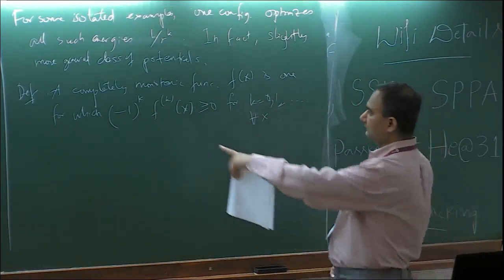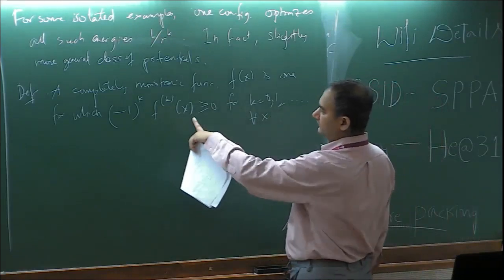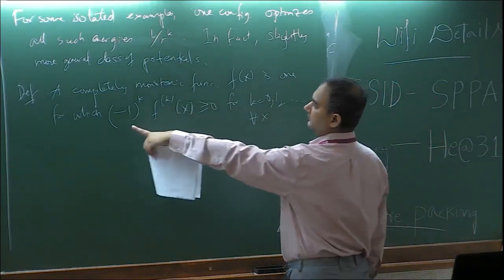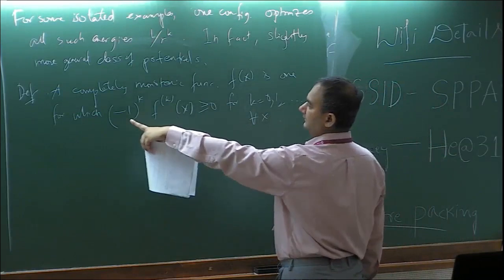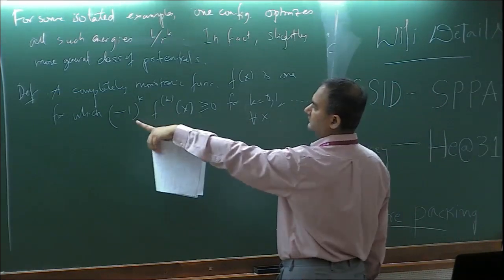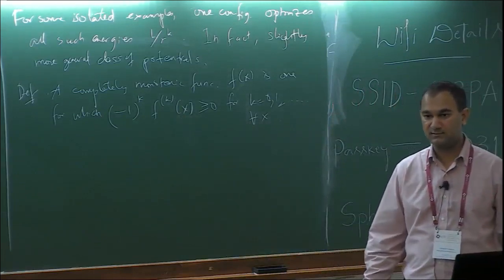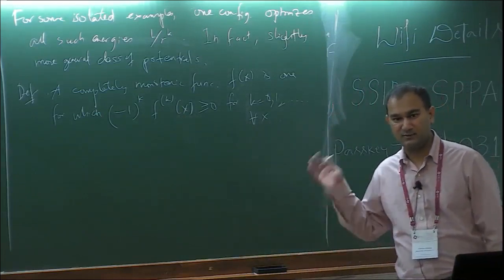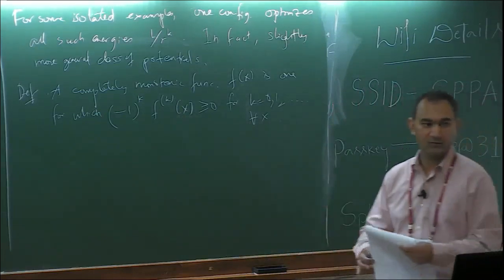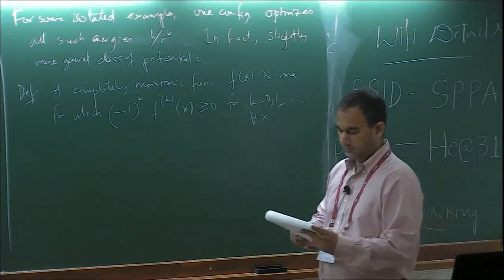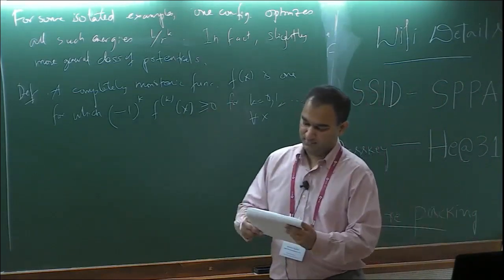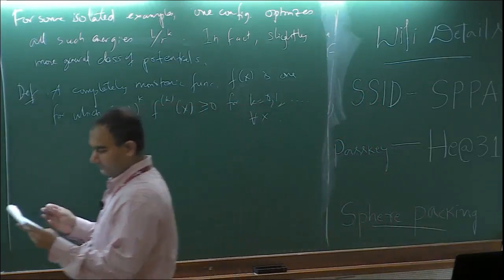So in other words, if k is 0, it's saying f itself is non-negative. If k is 1, it's saying f prime is negative, so f is decreasing. So it's non-negative, decreasing, convex, and whatever the natural extension of that is. All derivatives alternate in sign. This is something that analysts have actually studied, so it's not completely out of the blue.